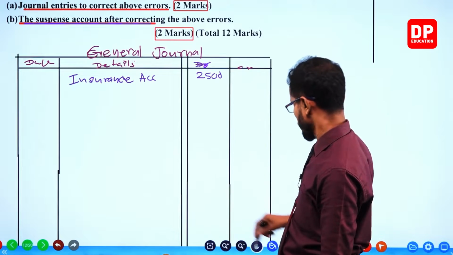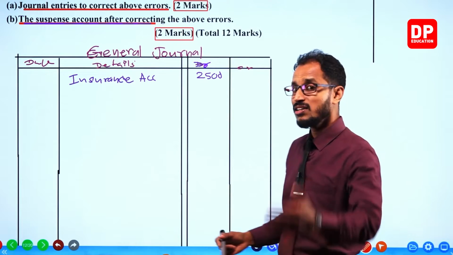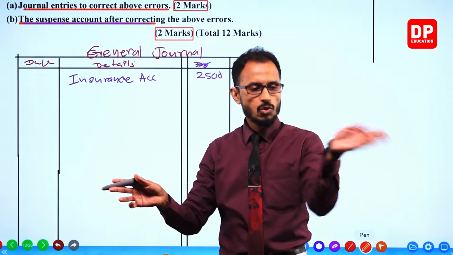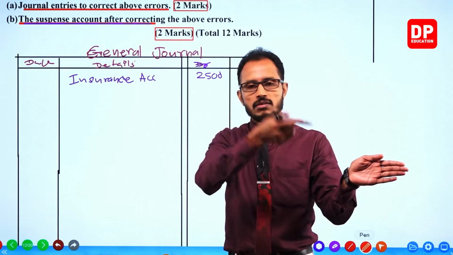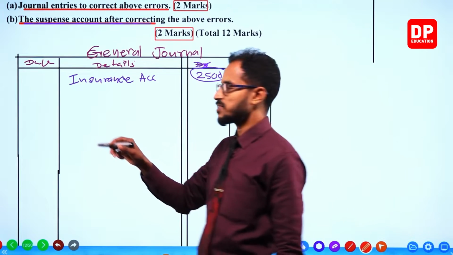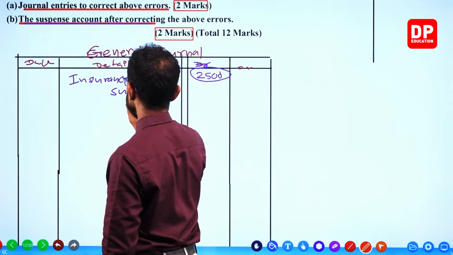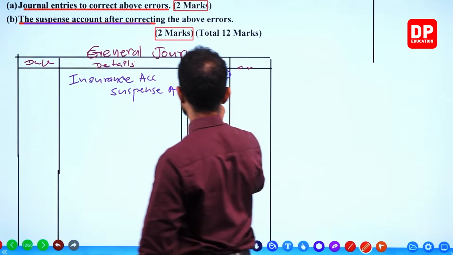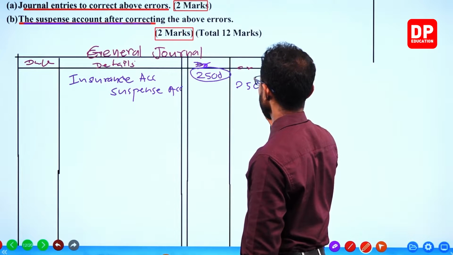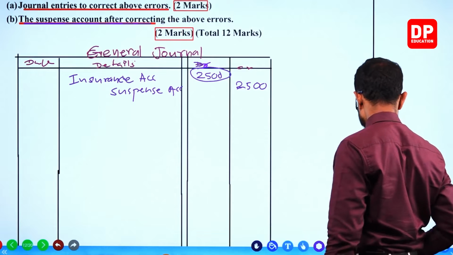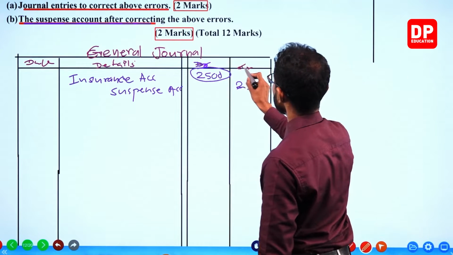Where do you credit? Because this error affects the trial balance, one side is short, the debit side. Credit goes to the suspense account. Suspense account, 2,500 credit.